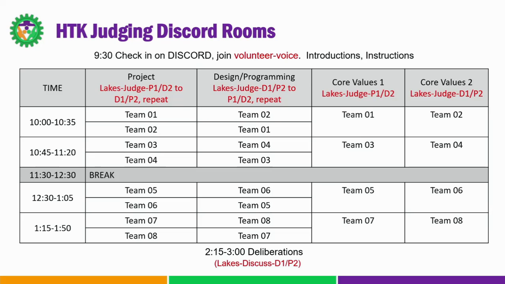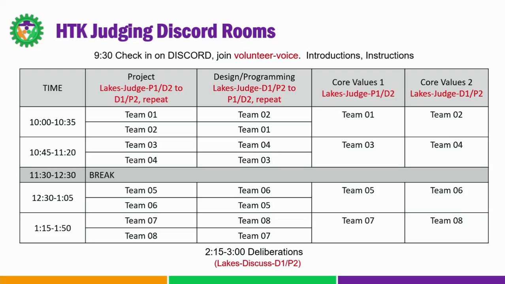So that's for the robot runs. For judging, there's kind of a lot of moving back and forth. Volunteers will check in and move to the volunteer voice. We have different divisions, and judges should be able to move themselves into the judging room they're supposed to be in, then move to another room, and then back to another judging room, and then back to a different room.